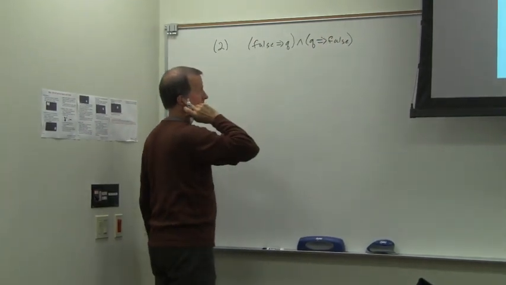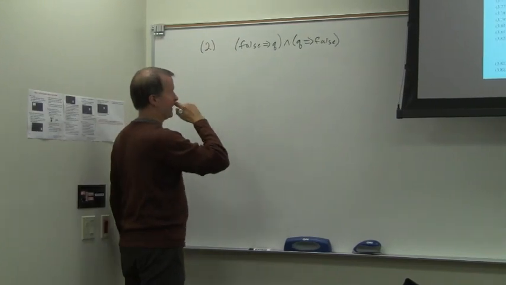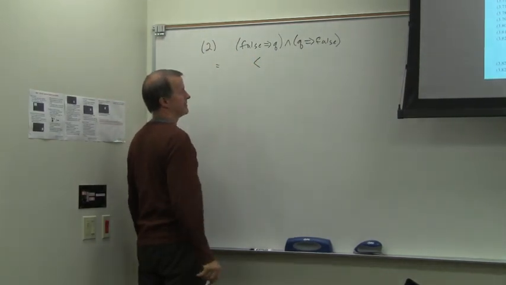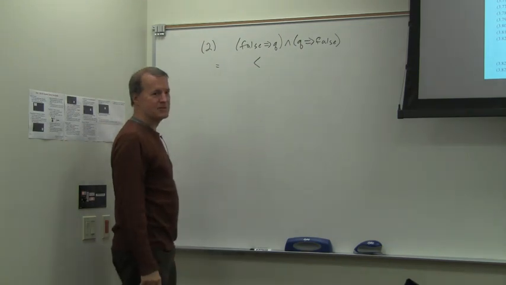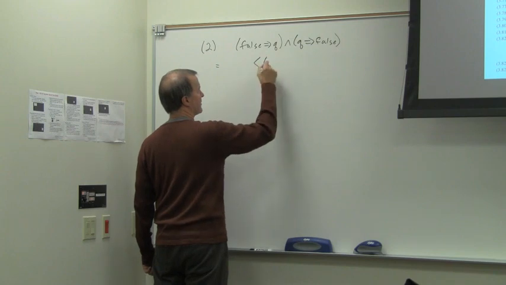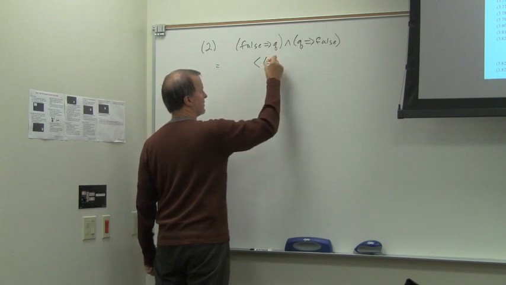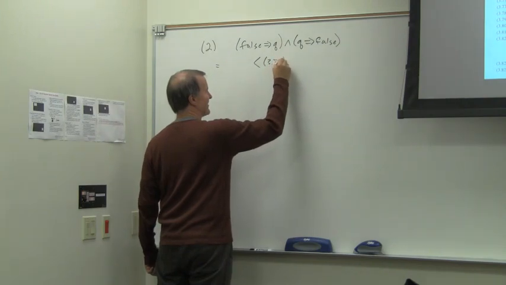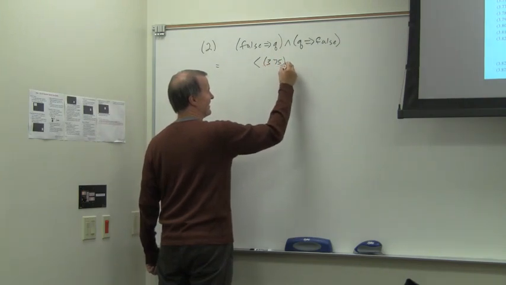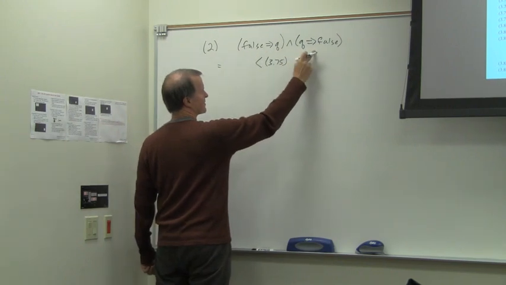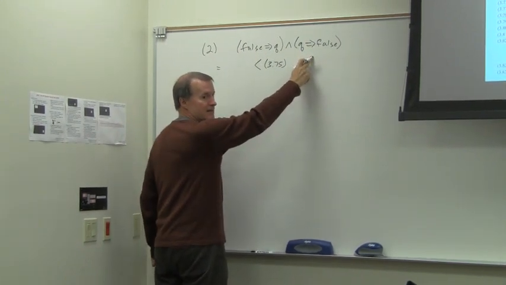Really, it's easy. So do we have some theorems for this? So that's going to be true. Can you give me a theorem number? 3.75. Will that take care of this? Well, what takes care of this one? 74.